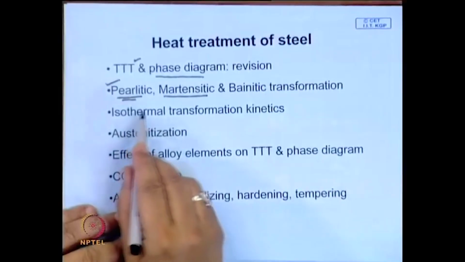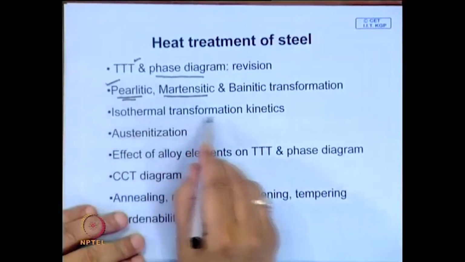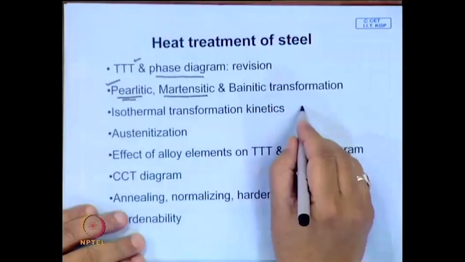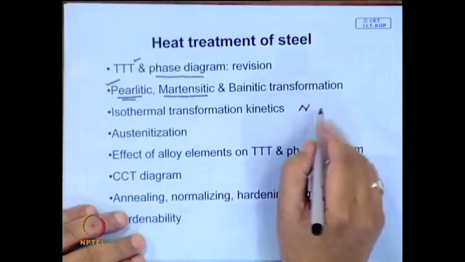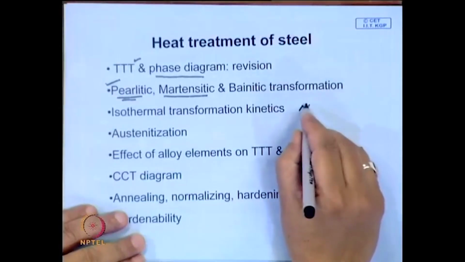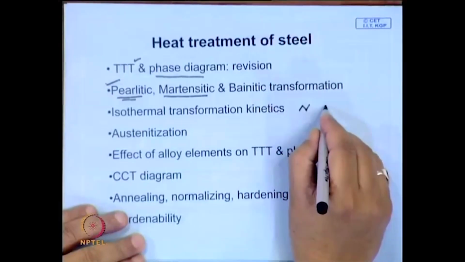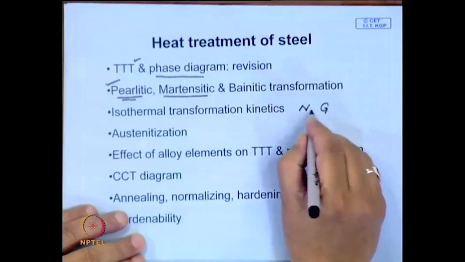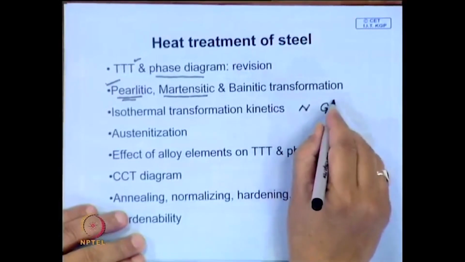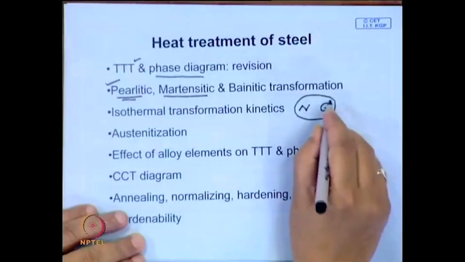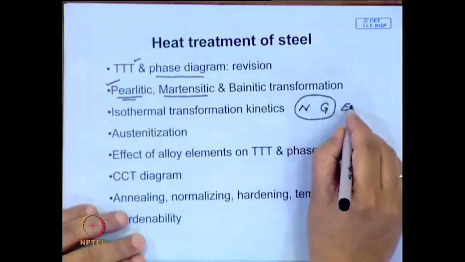We also looked at isothermal transformation kinetics, which is a process where you have simultaneous nucleation and growth of the transformation product. We discussed this with respect to eutectoid steel.